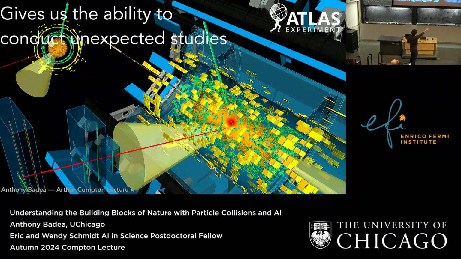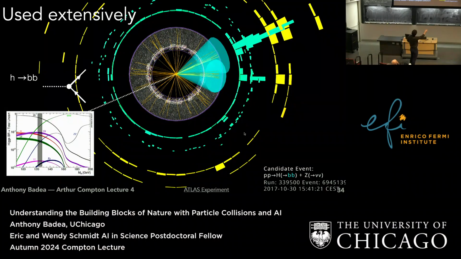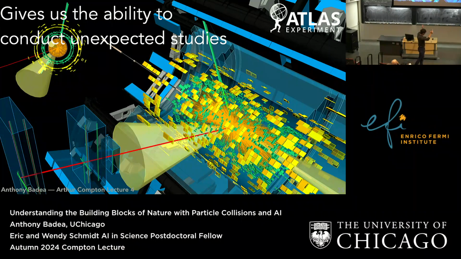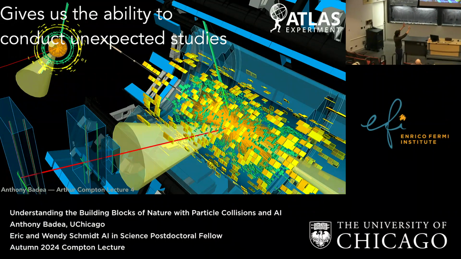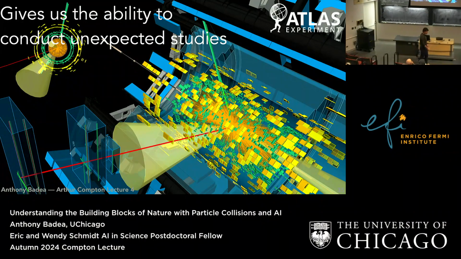When we shoot them in, the first thing you can observe, maybe not in comparison to this, but in comparison to the previous event displays, is just how much stuff there is. The detector is all lit up. It looks like a Christmas tree. If you sat in the control room and you looked at the detector on the screen, every channel was firing. It looks like a mini bomb went off and poof, everything lit up.